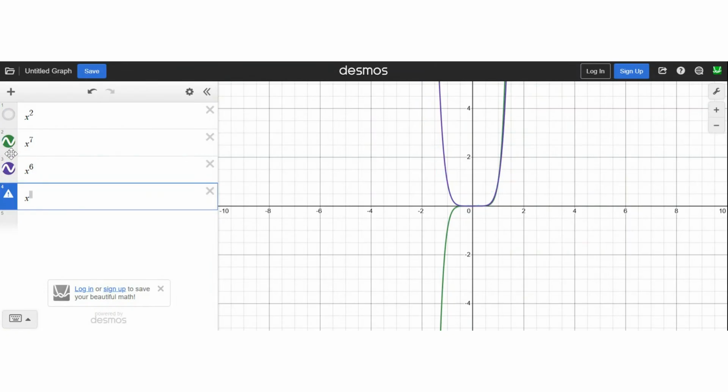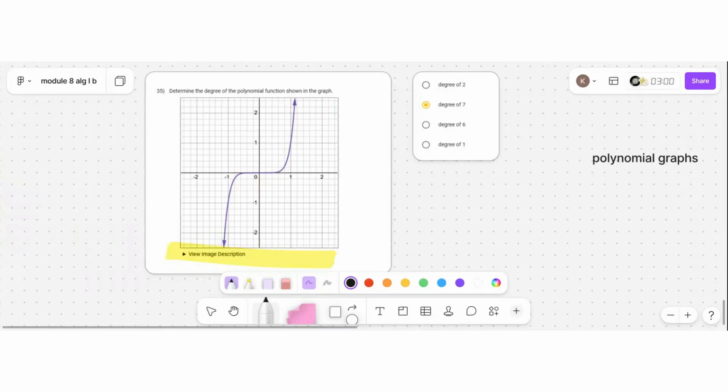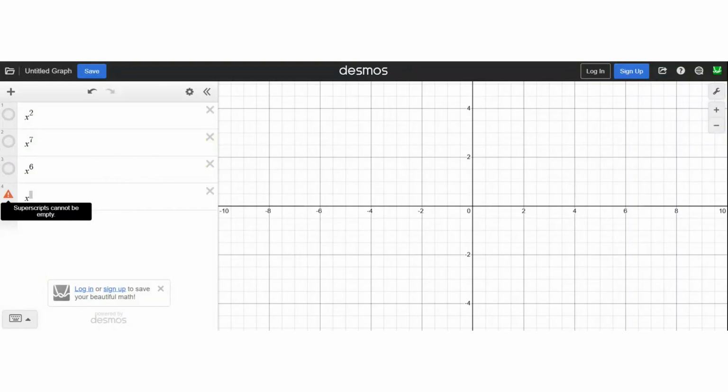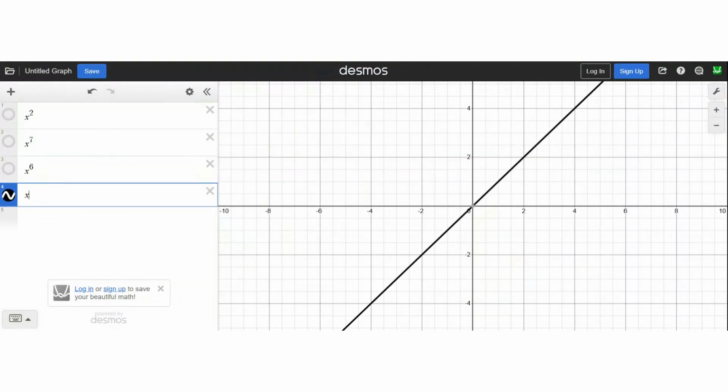And what I'm going to do is see which one looks like my graph. My graph, the correct answer, goes up over up. It looks like this. We're going to see which one makes that. So we see x just makes a line. That doesn't match our graph, right? So it's not x.